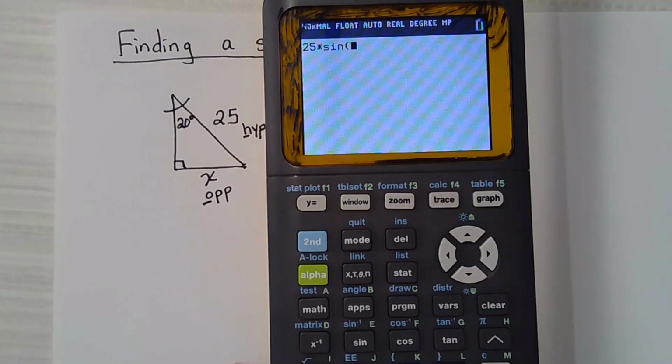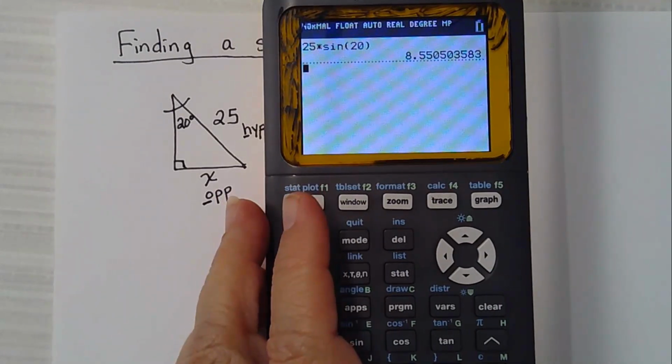Your calculator will open a parentheses for you. You're putting in 20 for the 20 degrees. You're going to close the parentheses and hit enter. And since that's the side length of a triangle, we're going to round that to the nearest tenths. So we would say 8.6 units.